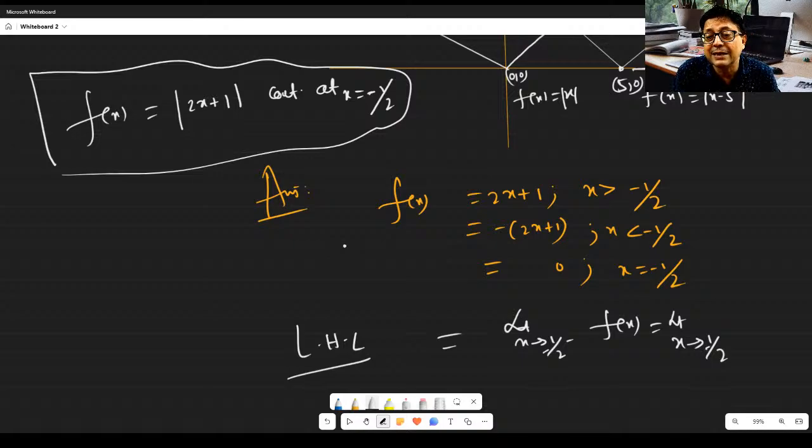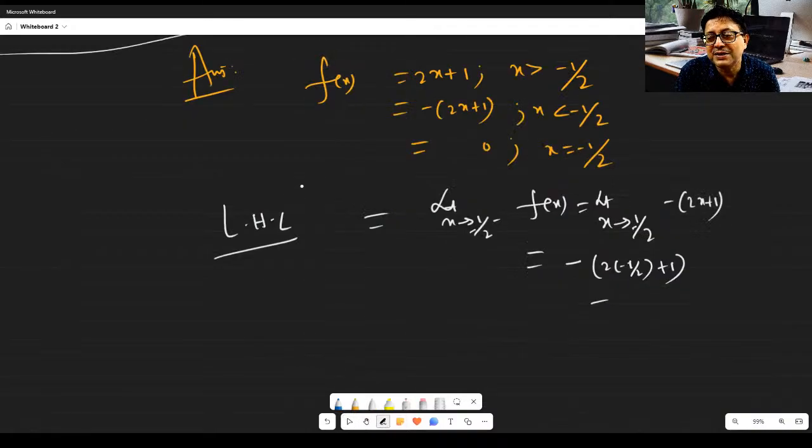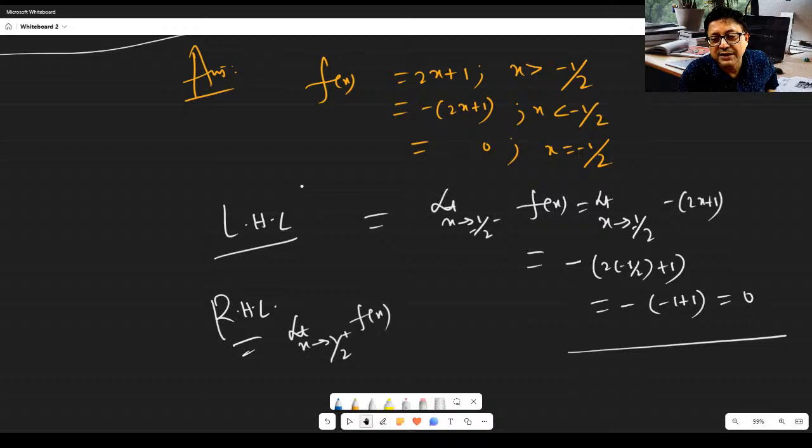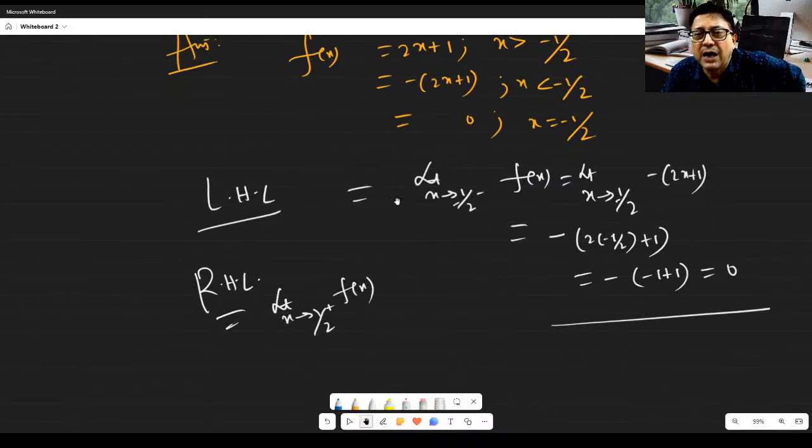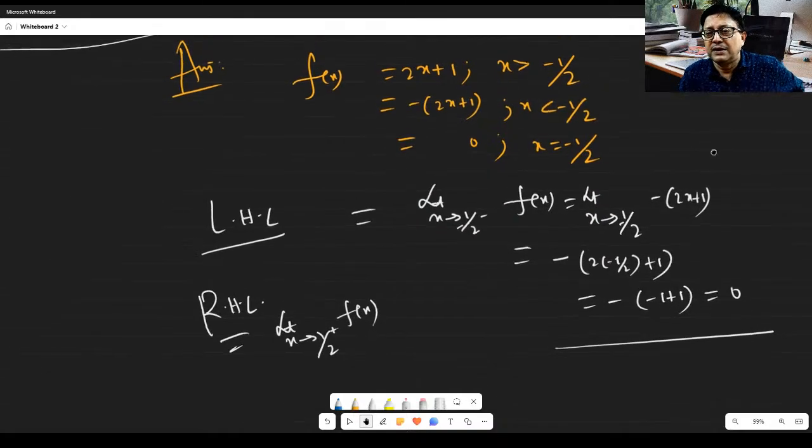Less than minus half is this part, minus 2x plus 1. So you substitute there, minus 2 into minus half plus 1. Which part is greater than minus half, yes, this part.